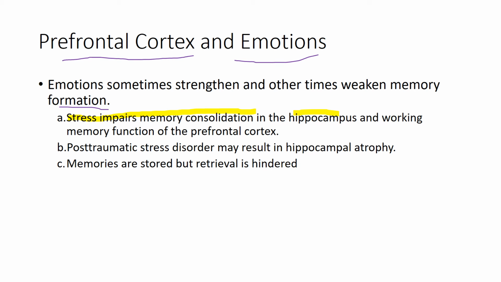So the interesting thing is that there are mechanisms such as exercise that can help reverse these negative effects that we see with something like post-traumatic stress disorder. The last thing with this is that memories are stored. However, the problem, normally just as we age, is that retrieval is hindered.